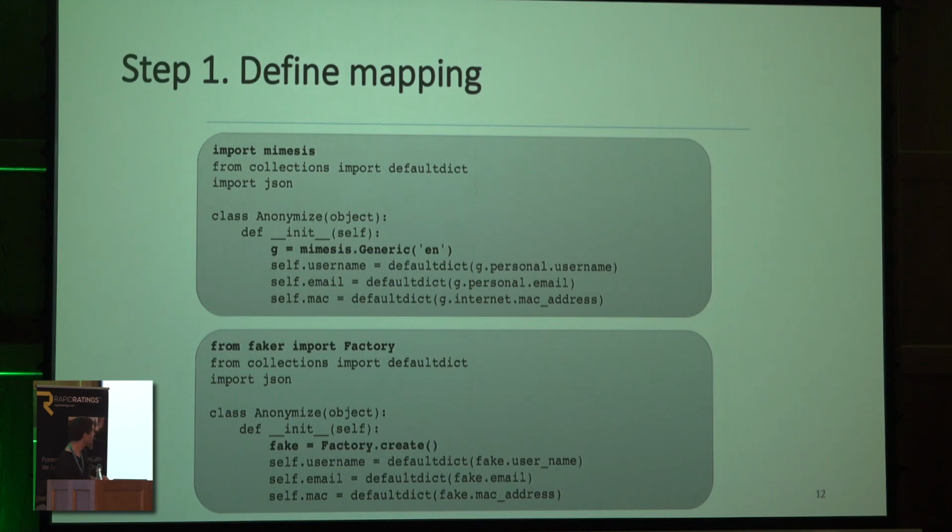Here we can see an example, with mimesis and Faker, where we define what kind of data we want to anonymize and how, using providers. By using providers we preserve the characteristics of the data.